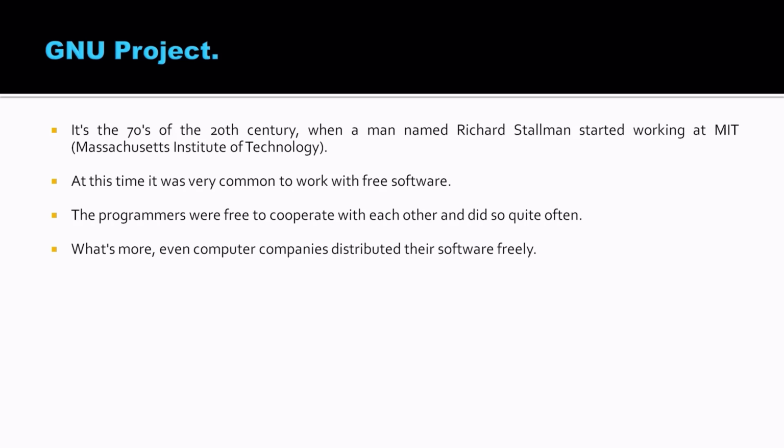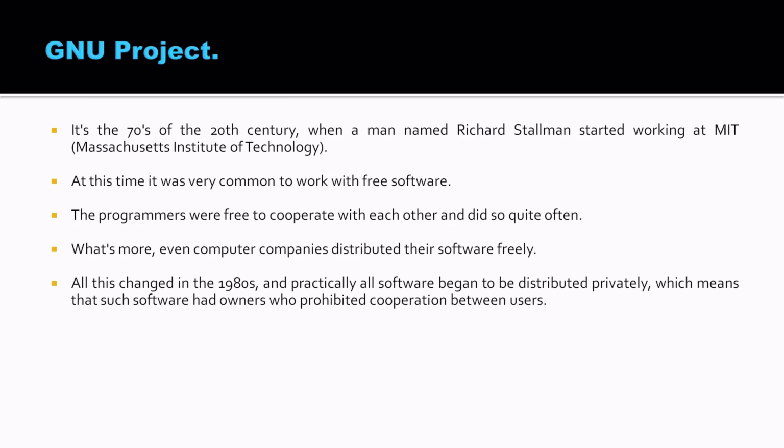What's more, even computer companies distributed their software freely. All this changed in the 1980s, and practically all software began to be distributed privately, which means that such software had owners who prohibited cooperation between users.